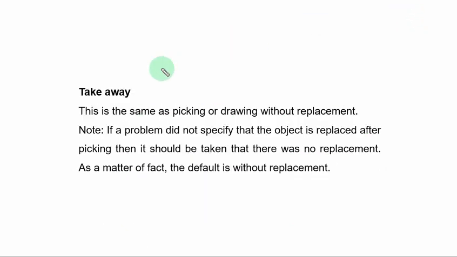The next condition is take away. This is the same as picking or drawing without replacement. Note, if a problem did not specify that the object is replaced after picking, then it should be taken that there was no replacement.